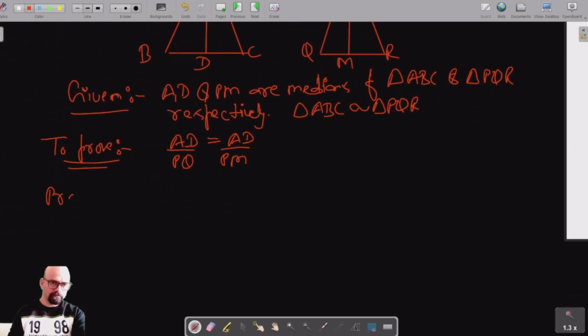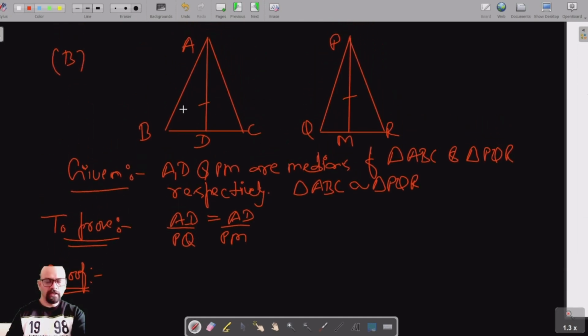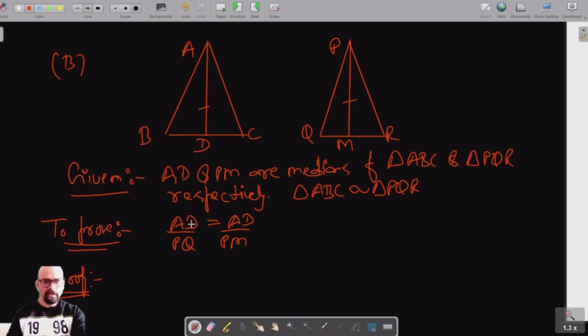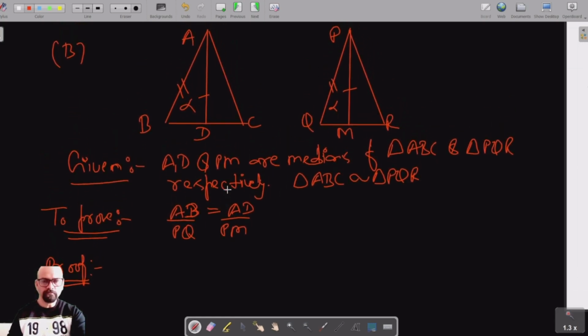Okay, so these two sides, AB by PQ and AD by PM, belong to triangles ABD and PQM. So we have to prove that these two triangles are similar.